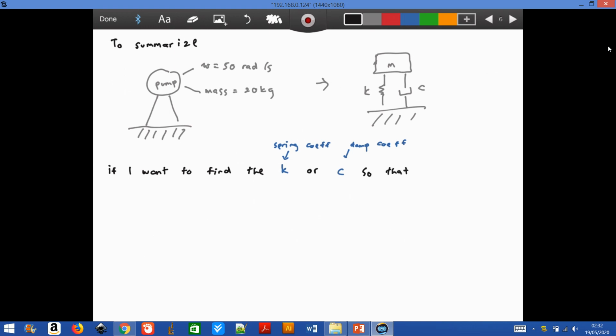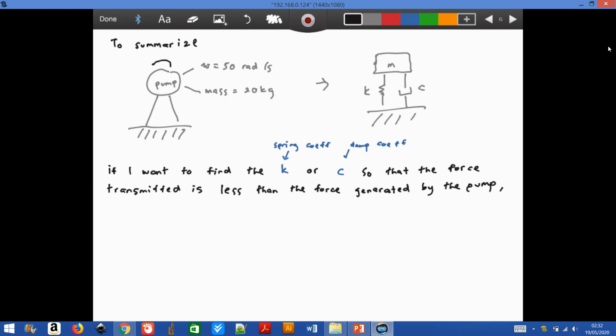so that the force transmitted is less than the force generated by the pump, so let's say this pump, okay, know that the pump rotates at omega equals 50 radian per second, and it has a mass of 20 kilogram, as I mentioned just now.